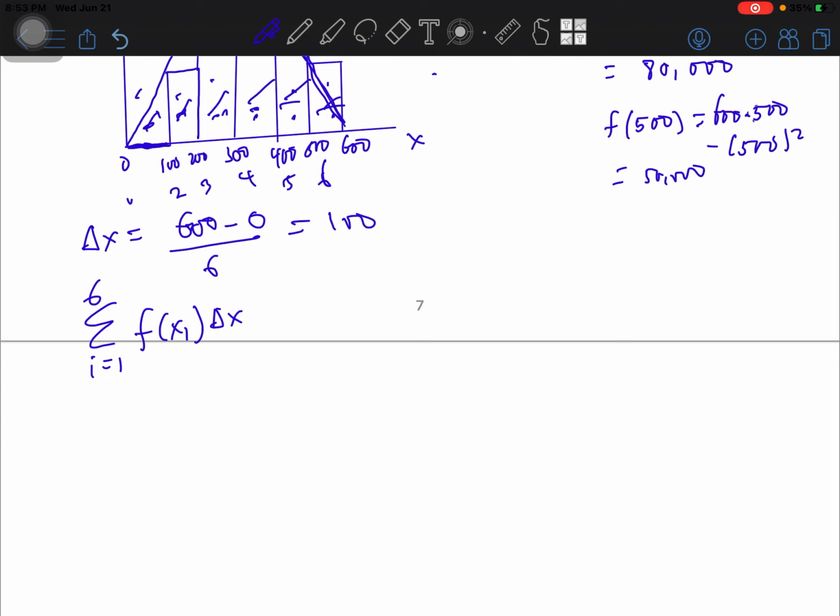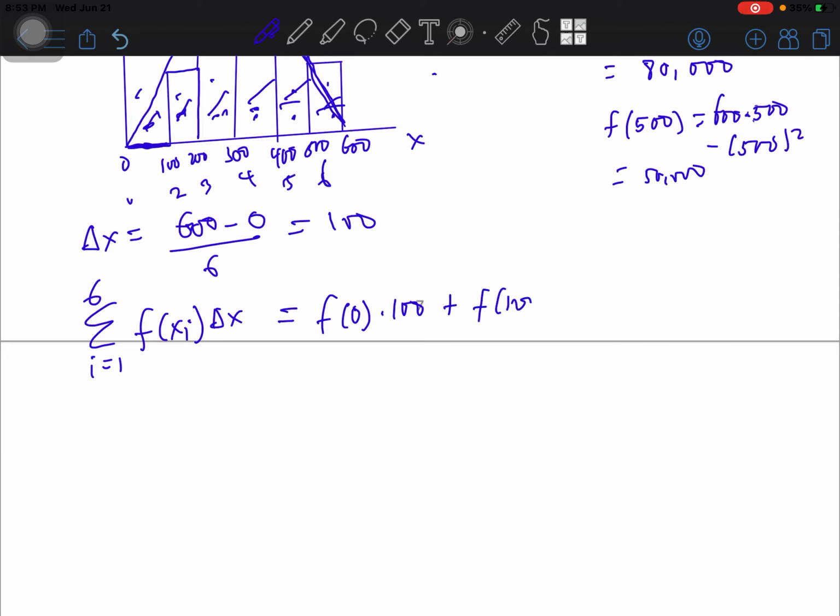So basically, the approximation will be equal to the sigma i equal to 1 to 6 of f of x_i times change of x. And therefore, we are going to get f of 0 multiplied by the interval, 100. The interval is always constant.